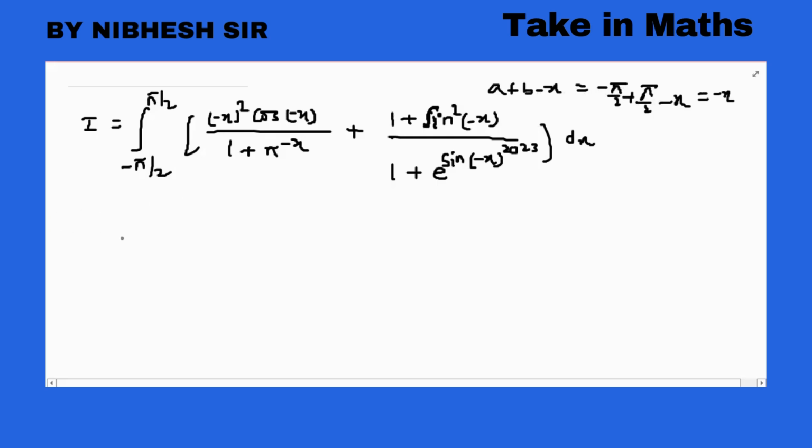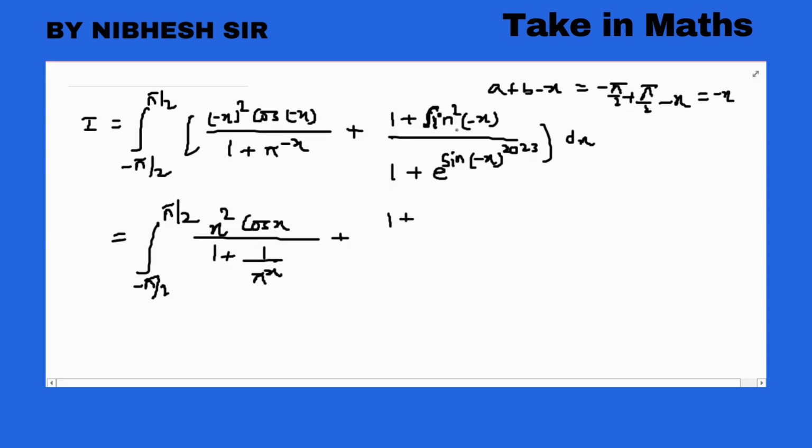So what we have as the result, if I solve it in detail, is the integral from minus pi by 2 to pi by 2 of x square, and cos of minus theta is cos theta, so cos x. And 1 plus, we can write this as 1 plus 1 by pi to the power x, and here 1 plus sin of minus x whole square will be sin square x, divided by 1 plus e to the power sin of minus x whole to the power 2023, so it will be minus x to the power 2023, right?